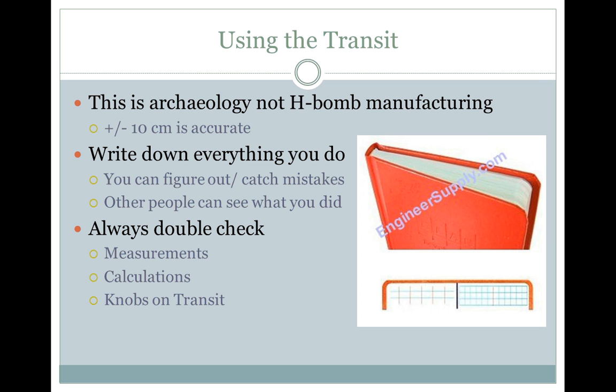So mentioning a rock or the road or an old trench or those things to allow people to envision this without having to pull out the transit and walk and do all the math themselves.